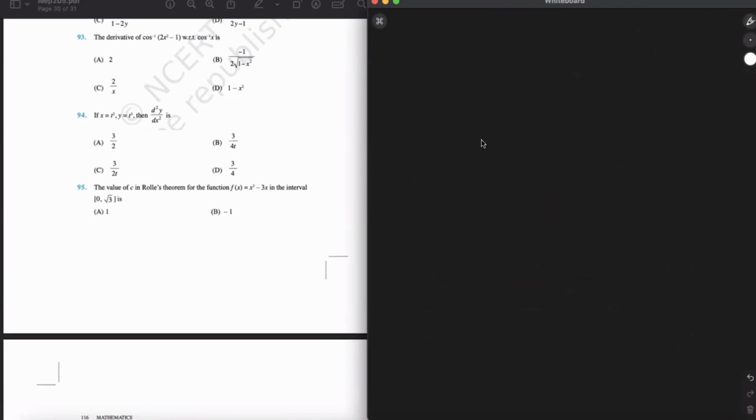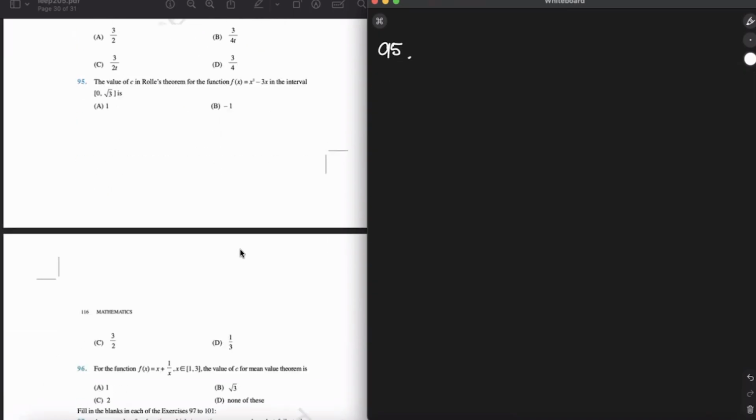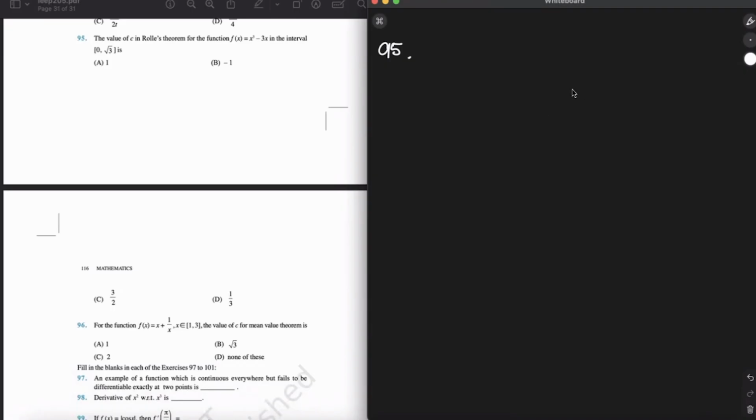Alright, moving forward, jumping on to question number 95. The value of c in Rolle's theorem for the function f(x) equal to this in the interval 0 to root 3 is what? So Rolle's theorem, I already told you, since f(x) is a polynomial function, it will be continuous and differentiable as well. We just check f(0) is equal to 0 and f(root 3) is also equal to 0.